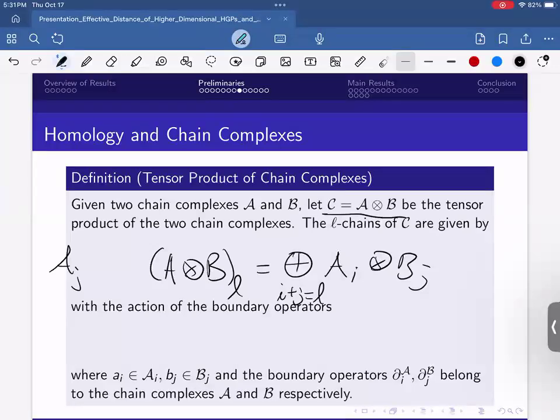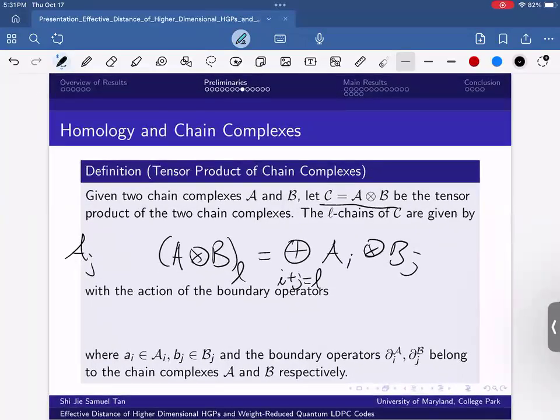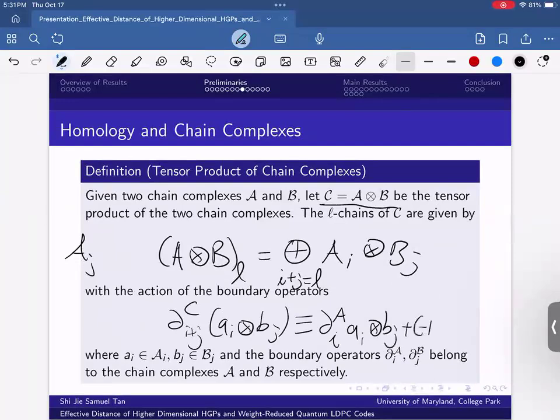And then the boundary operator becomes slightly more complex. You have something that looks like this. You don't have to be too concerned about remembering all of these things. I will circle back whenever we get to those things.